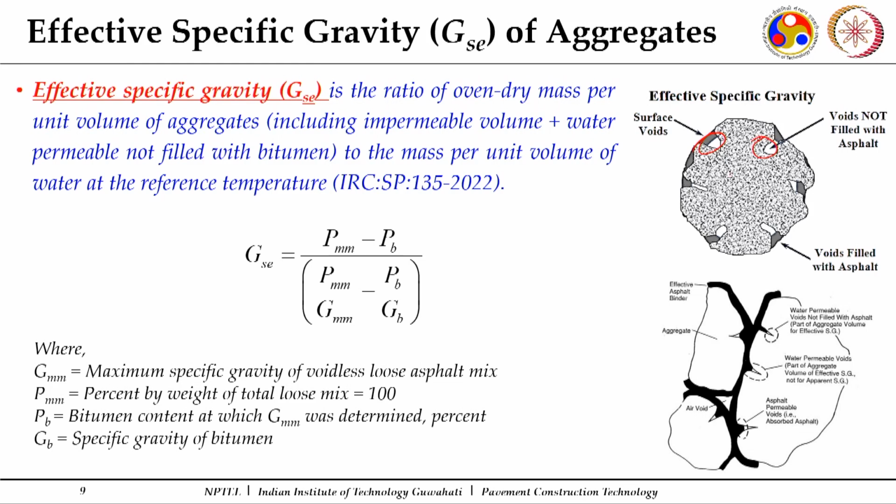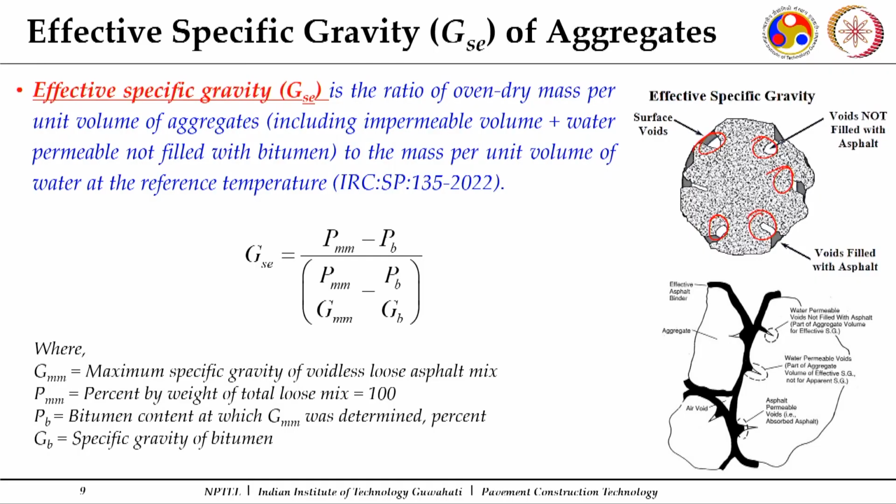You can see in the same aggregate particles, certain white portions are there. This shows the surface voids. This is an exaggerated view to give you an idea that a certain amount of binder may get absorbed in the surface voids of your aggregate, but that absorption will not be to the same level as water is getting absorbed.